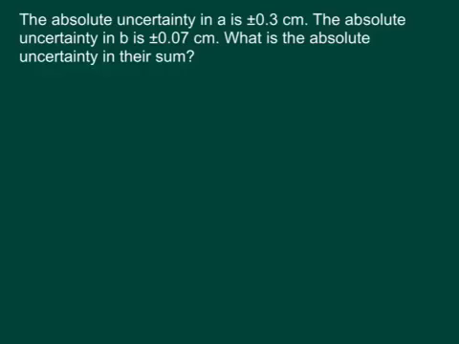Whenever you add two values together, you add their absolute uncertainties. In other words, the absolute uncertainty in the sum is equal to the sum of the individual uncertainties. So that's going to be 0.3 centimeters plus 0.07 centimeters.